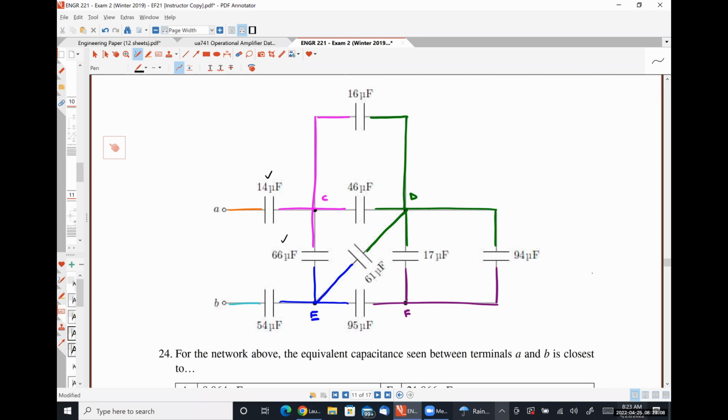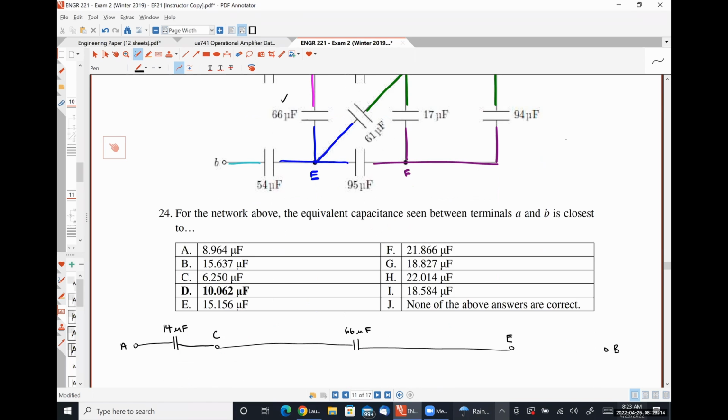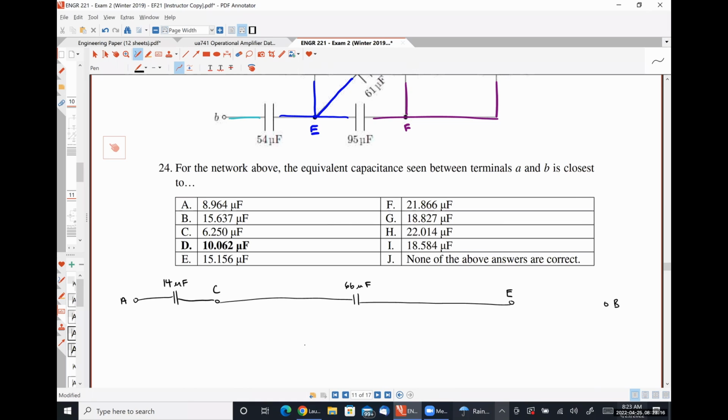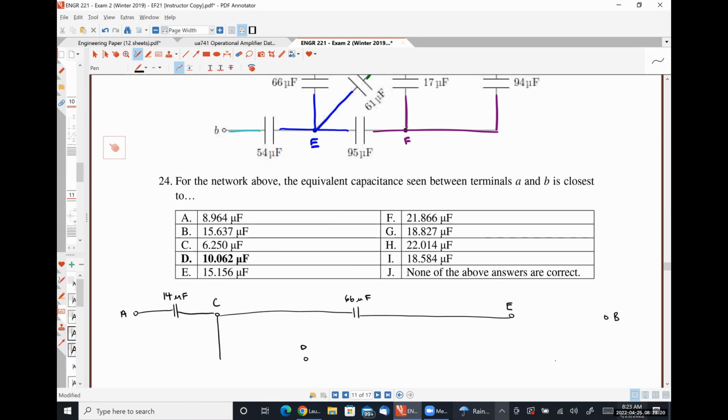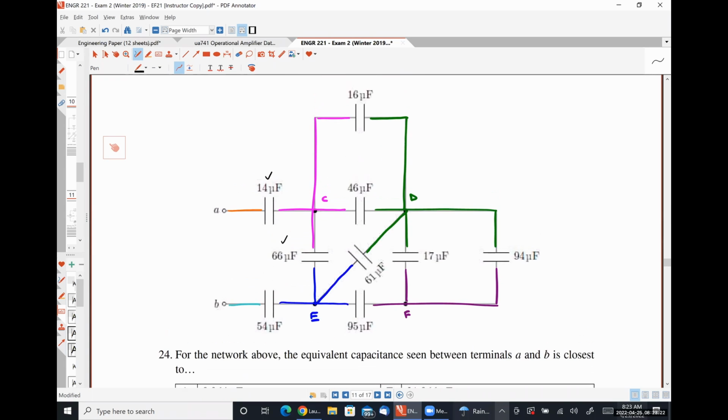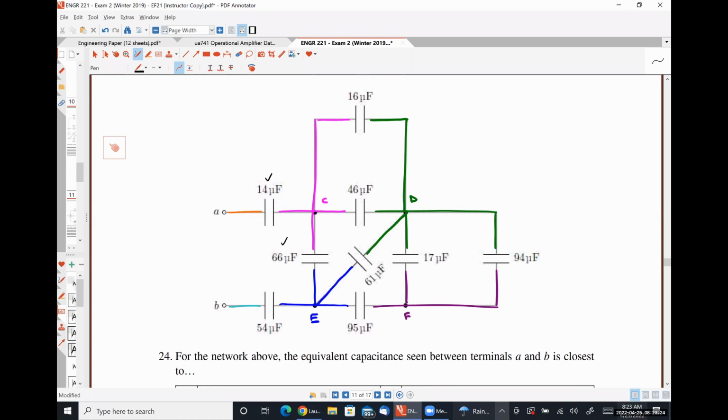I can go from C to D to E. So I'm going to put D here. From C to D, I have two paths, the 16 and the 46.